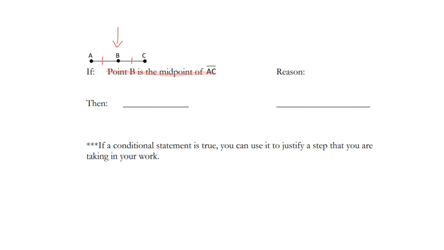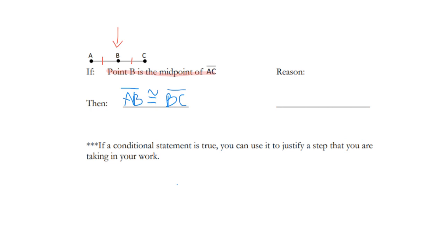And then we can say that segment AB is congruent to segment BC. So that's what we're able to write. Segment AB is congruent to segment BC. That is the conclusion we can make from our given fact. Now, what is the reason that we are able to say that if point B is the midpoint of segment AC, then segment AB is congruent to BC?